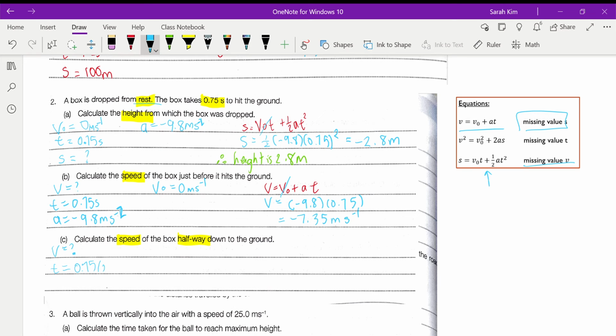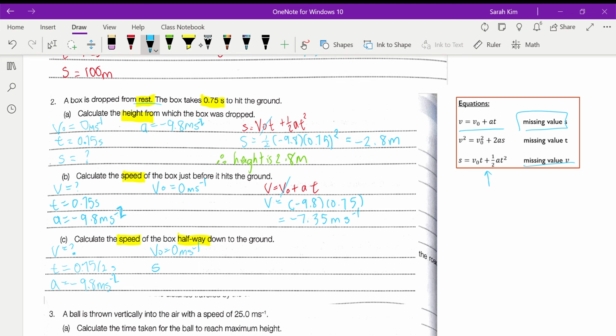What else can I use? My acceleration. But my v0 is 0. And 1, 2, 3, 4 facts.